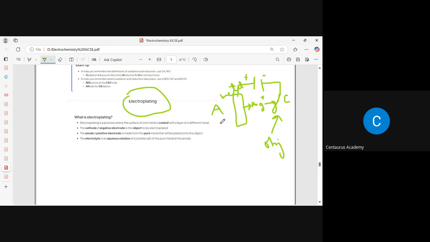And the electrolyte also is going to be a solution of the same metal which is placed at the anode. Supposing silver is placed at the anode, then the electrolyte has to be some electrolyte of silver. For instance, it could be AgNO3, which is silver nitrate. Okay, is this point clear?